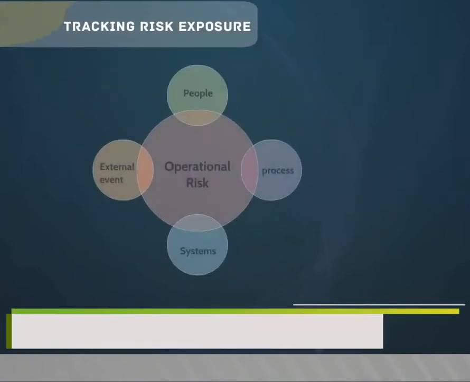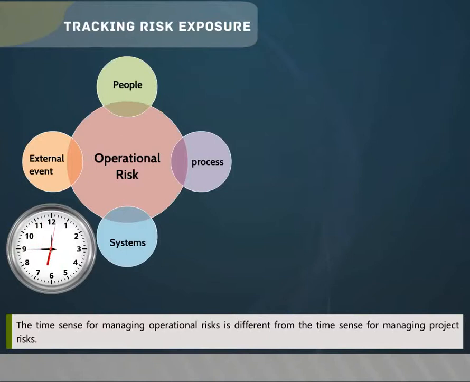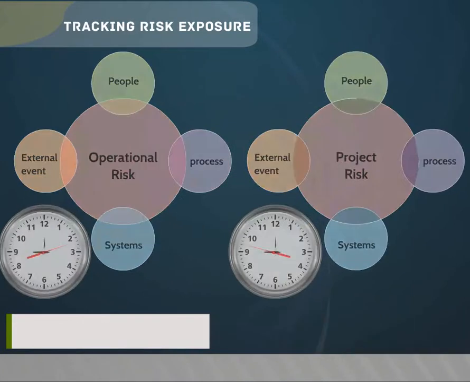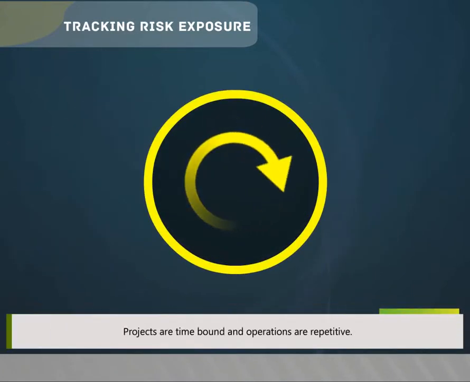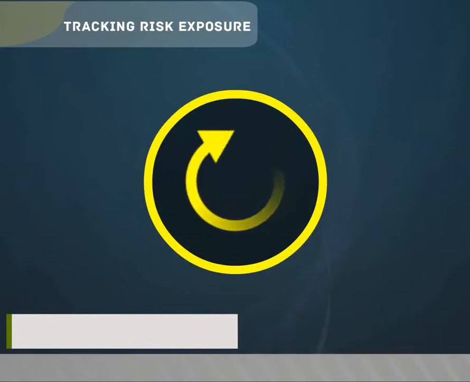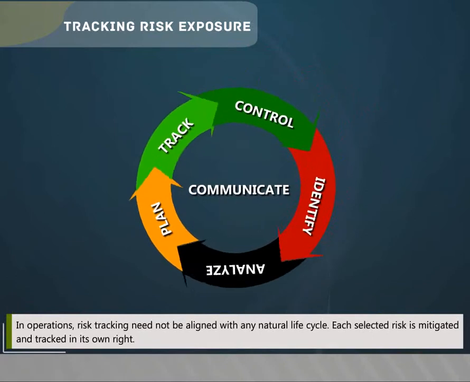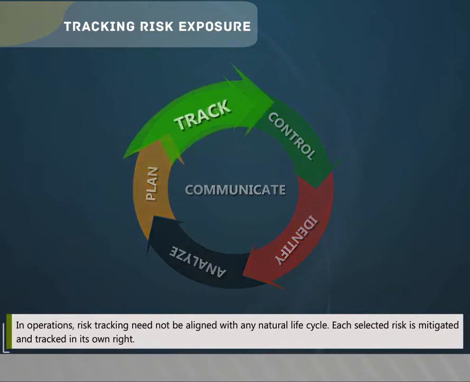The time sense for managing operational risk is different from the time sense for managing project risks. Projects are time-bound and operations are repetitive. In operations, risk tracking need not be aligned with any natural life cycle.